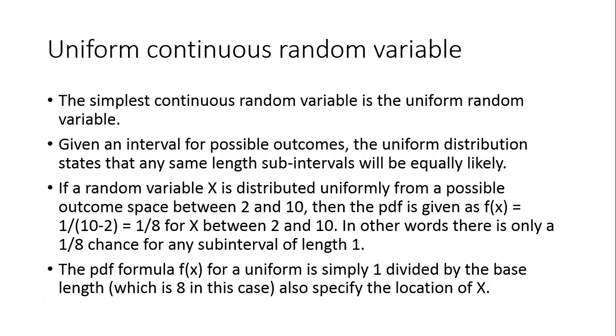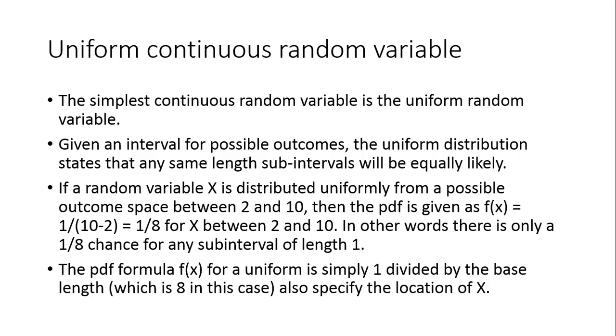In other words, there is only a 1/8 chance for any subinterval of length 1. So the PDF formula in this case is 1 divided by the length 8. Also specify the location of x.